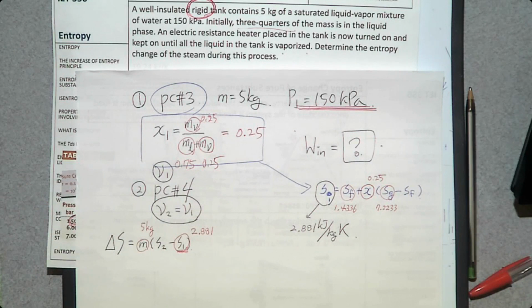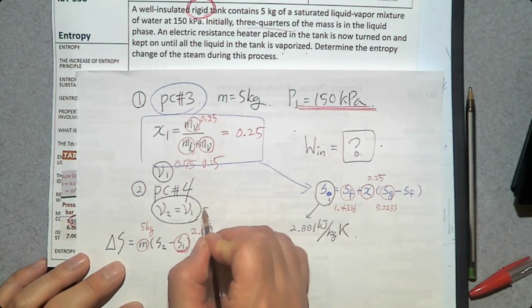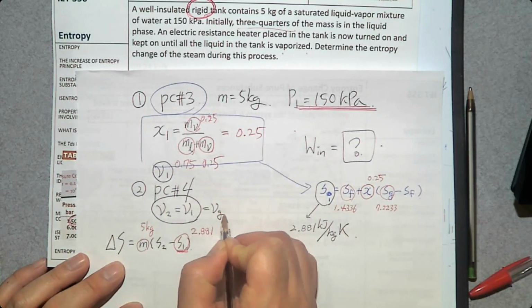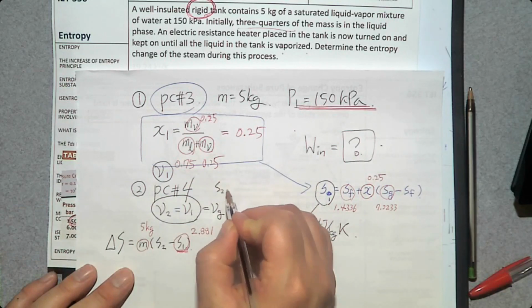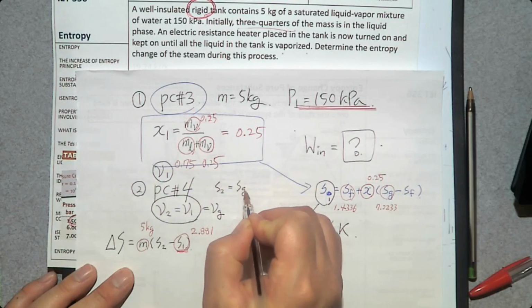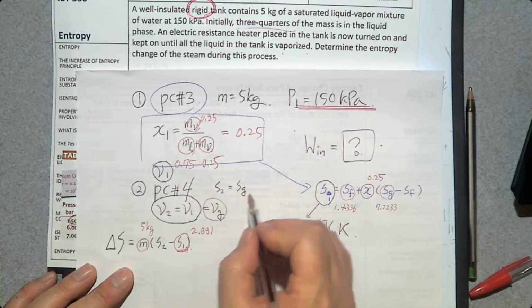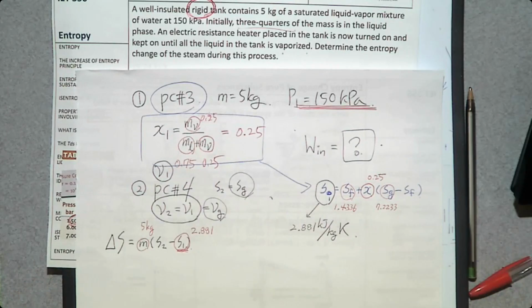If you know the specific volume and it is phase change process number 4, then this is going to be Vg, the saturated vapor. Then entropy S2 is also going to be Sg. So if you know Vg, you can find Sg. That's our plan, so let's do that.